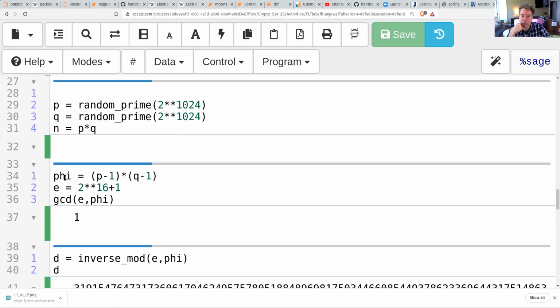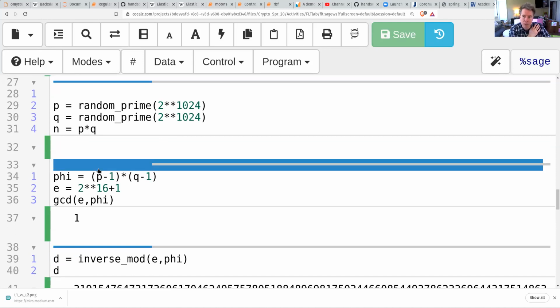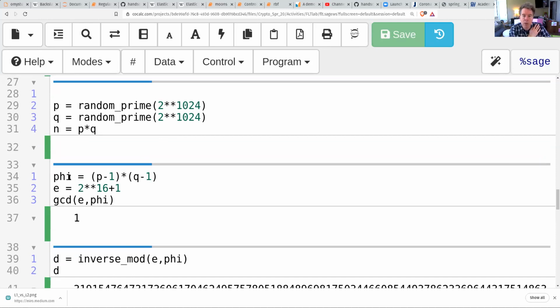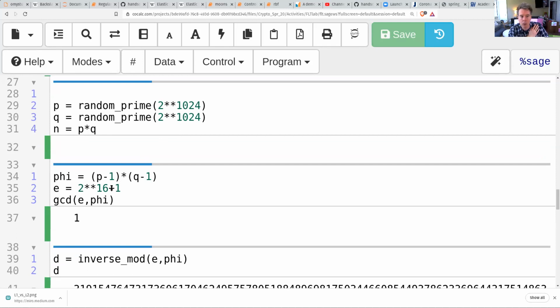So here we're using the formula for phi of n. In order to compute phi, notice that you have to know P and Q. We talked about last time that phi is equivalently secret to the factors of n. So it's believed that there's no way to compute phi without knowing P and Q. You can compute it like this using the formula.